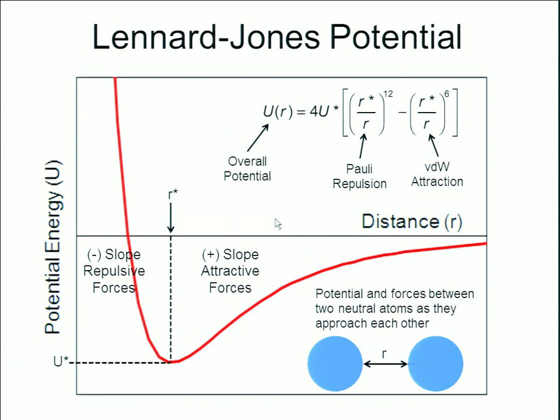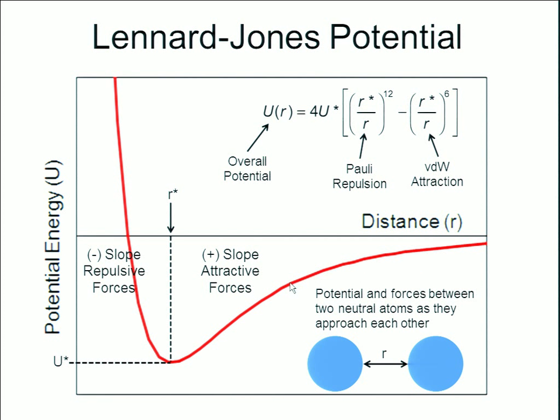Here's another view of that graph with a bit more detail. This is showing our general Lennard-Jones potential equation, where we factor in the Pauli exclusion, and we subtract the van der Waals attraction. You can see our overall potential, which we're calculating as a potential and forces between two neutral atoms approaching each other.